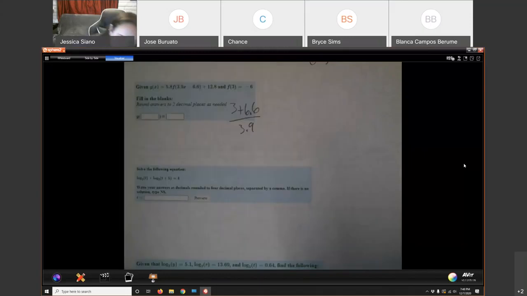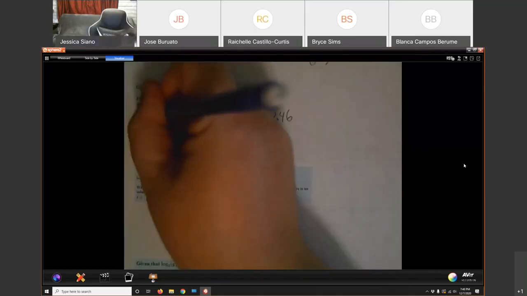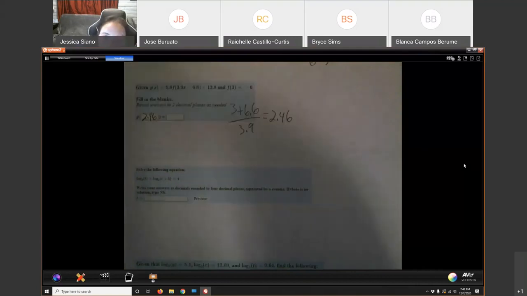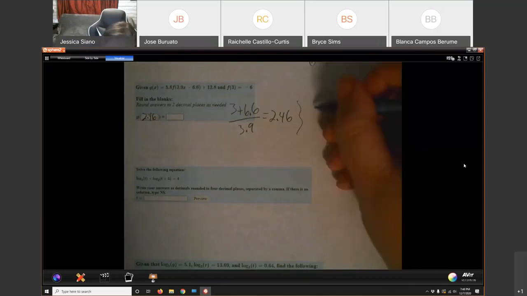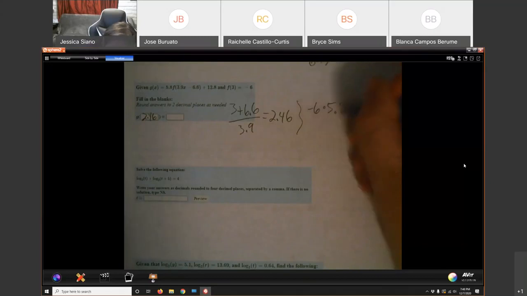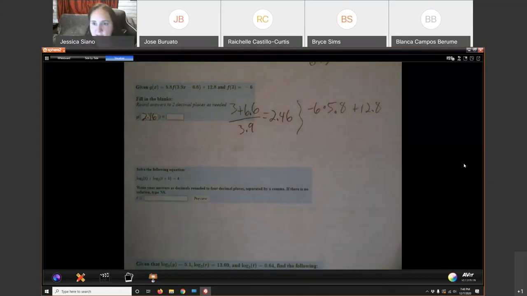2.46. And that is my new inside. And then for the outside, you're going to do exactly what you see and in that order. So I'm going to do negative 6 times 5.8, and then I'm going to add 12.8.